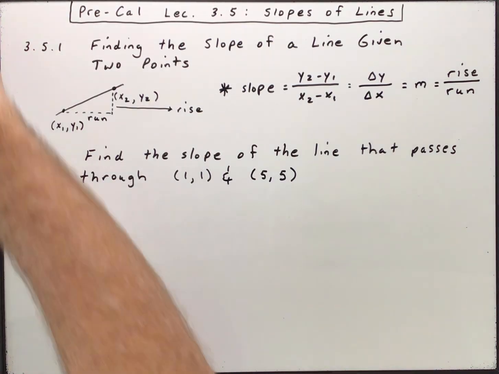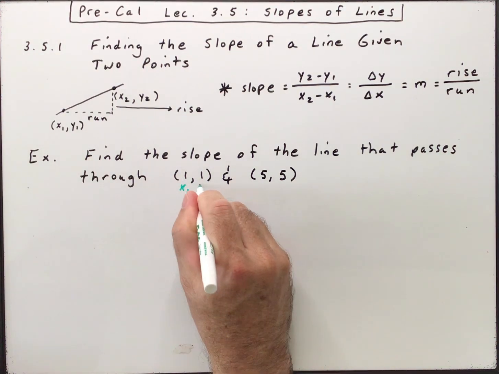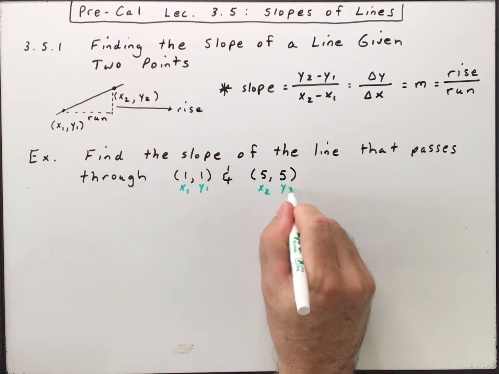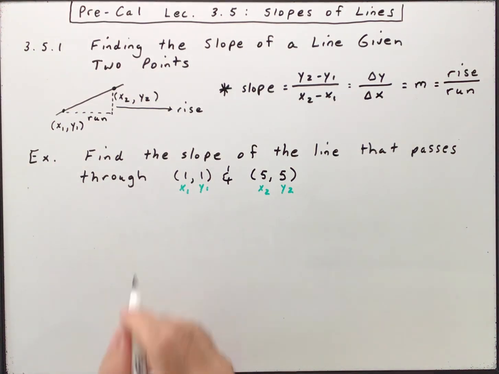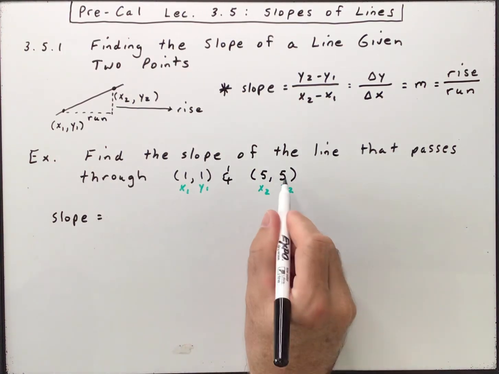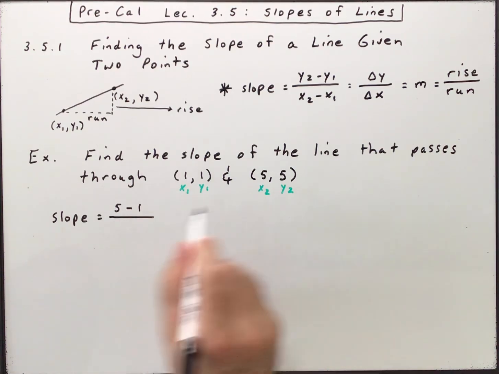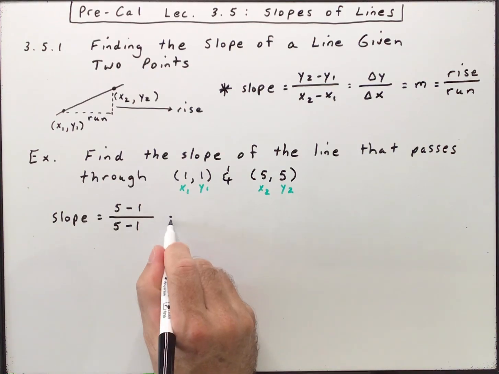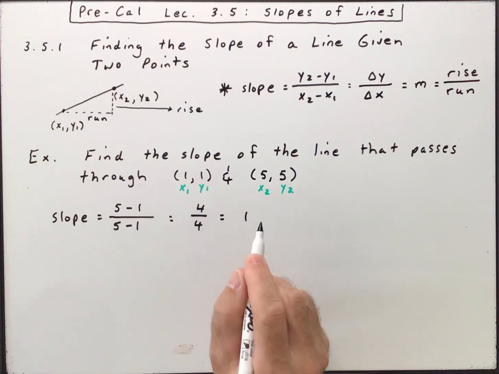Okay, well, I'll go ahead and label them so we don't get anything backwards. We'll call this x1, y1, x2, and y2. So the slope is going to be y2, 5, minus y1, which is 1, over x2, which is 5, minus x1. That's going to be 4 over 4, which is equal to 1.